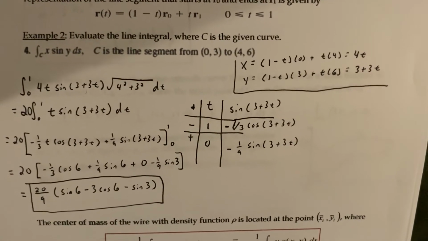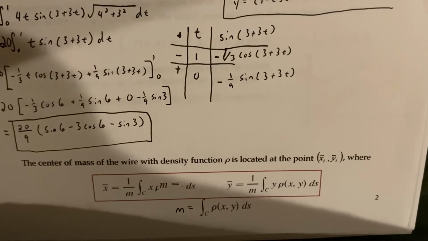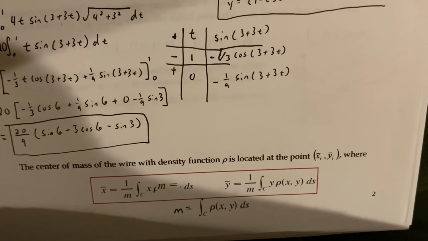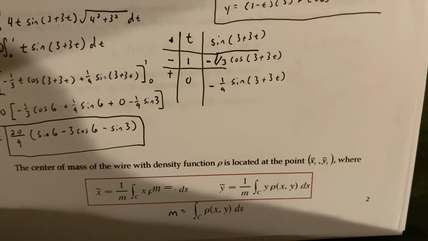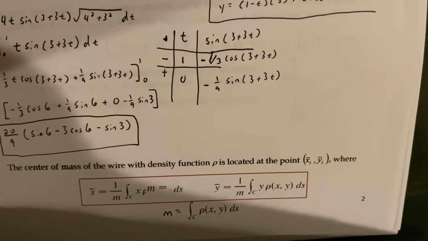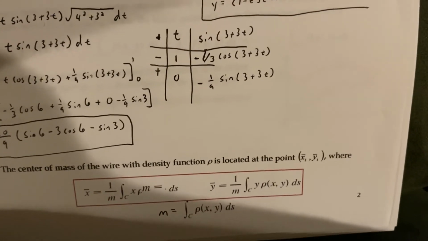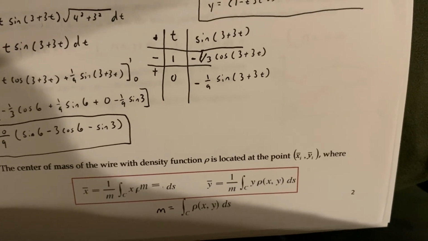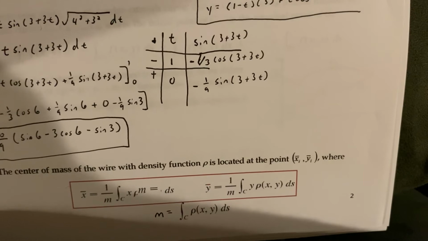And there's the integration. Now, recall, and this is a major part of why we do line integrals, we can find the center of mass of the wire with density function rho, located at the point x bar, y bar. It's supposed to be x bar is equal to 1 over m, the integral over C of x rho of x, y ds.